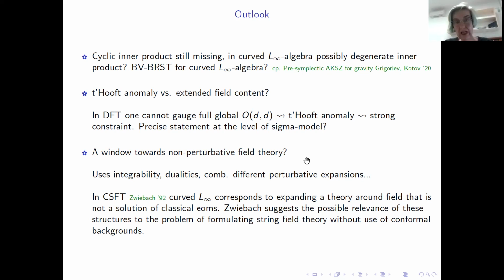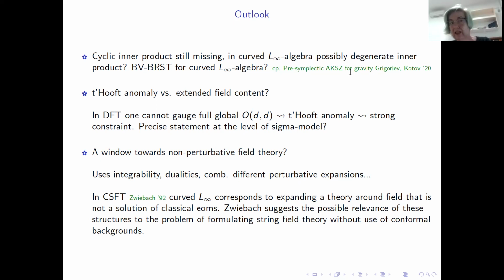I have to say, I'm not sure if I know how to write a non-degenerate symplectic form. However, there is very nice work by Grigoriev and Kotov on the pre-symplectic AKSZ formulation, which they did for gravity. So I'm hoping we can apply something similar here.